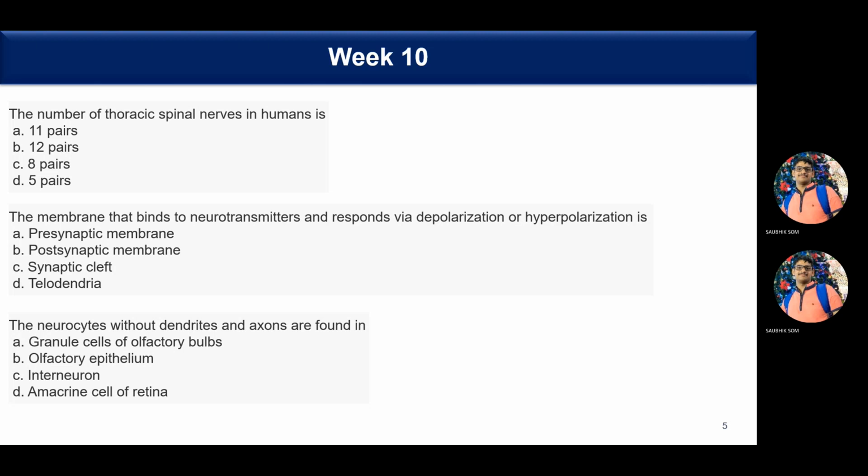Spinal nerves are divided into cervical, thoracic, lumbar, sacral, and coccygeal. Cervical nerves are 8 pairs, thoracic nerves are 12 pairs, lumbar nerves are 5 pairs, sacral nerves are 5 pairs, and coccygeal nerves are 1 pair. So the thoracic spinal nerves are 12 pairs.